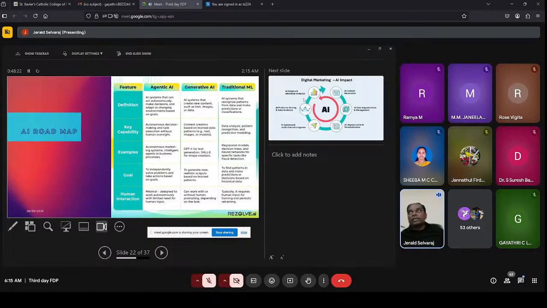Everywhere actually you would have seen that people are talking about Gen AI. But Gen AI is outdated now. Agentic AI is the most evolving one. How agentic AI differs from generative AI is that with generative AI, for example if you use ChatGPT, you need to feed it some information.